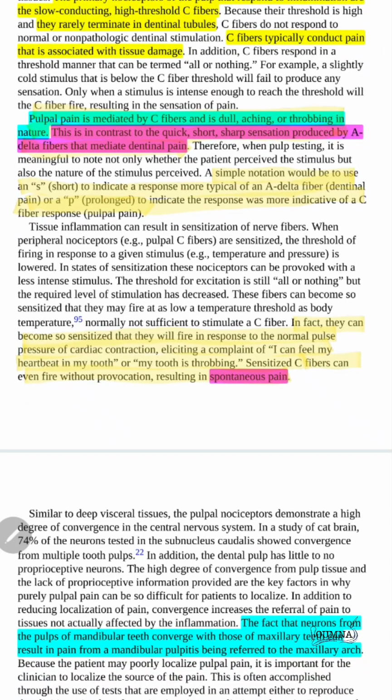Or they can reach a point where they can even fire without any stimulation, which means they can cause pain which is spontaneous. So they are the reason for the spontaneous pain, which means it is the degree of the non-reversible pulpitis when the bacteria has reached the pulp tissue.